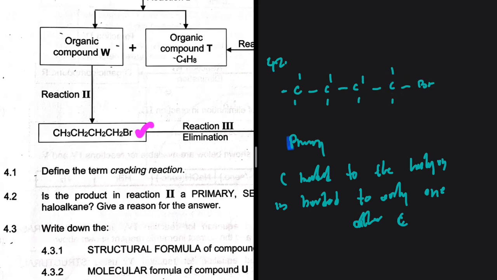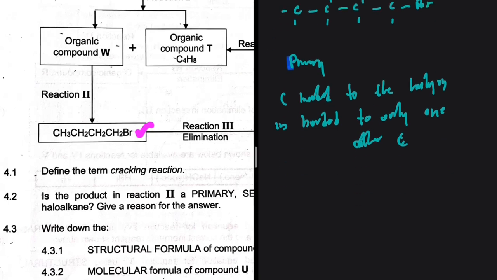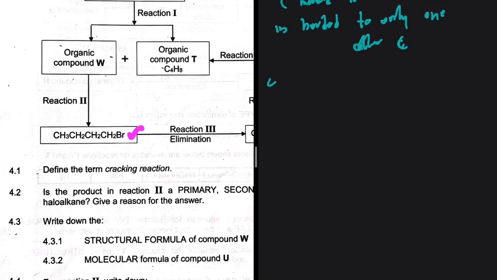If we had that Br there, it would be a secondary because it is bonded to 2 other carbons. And if we have that Br at the top and a branch here, then it will be a tertiary because it will be bonded to 3 carbons. But in our case, we just have a primary haloalkane. The carbon bonded to the halogen is bonded to one other carbon. That is 4.2.